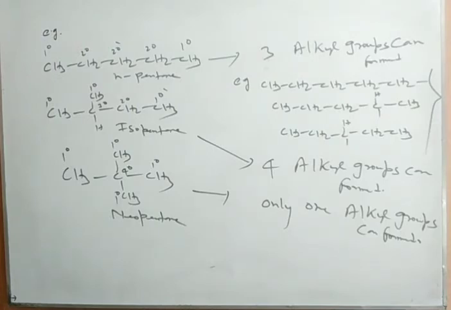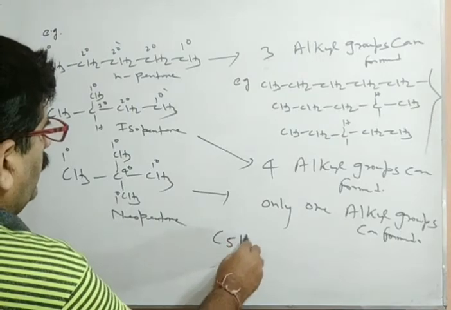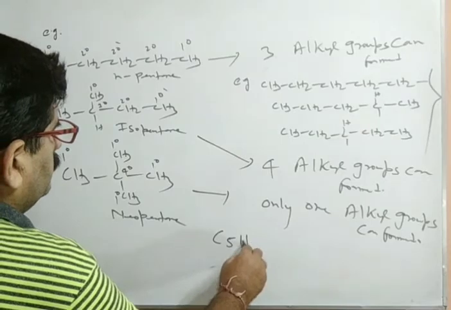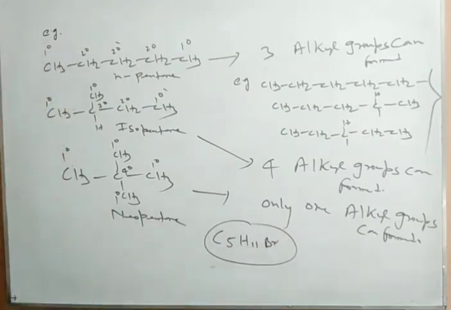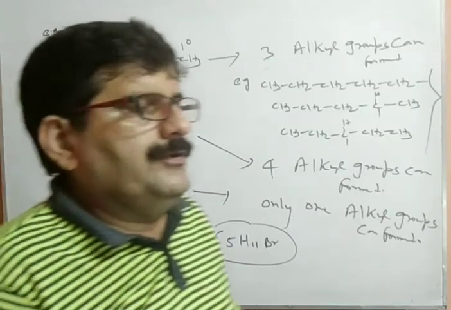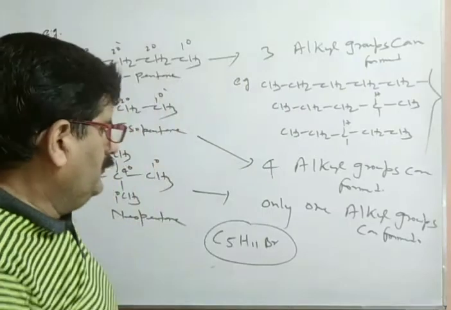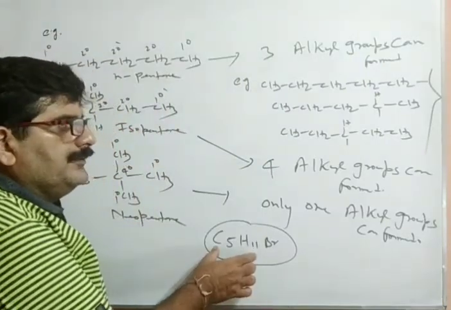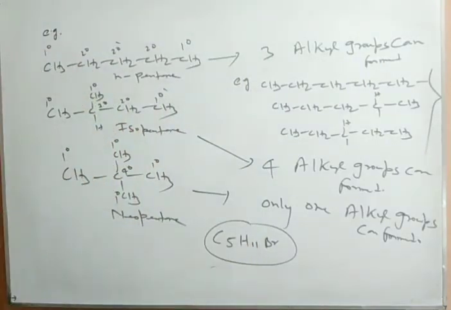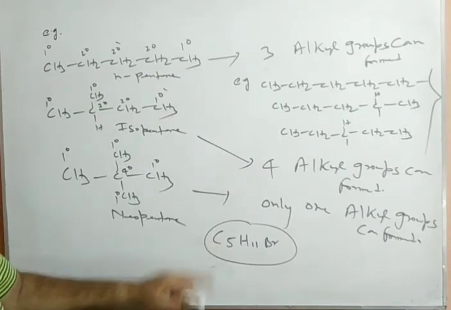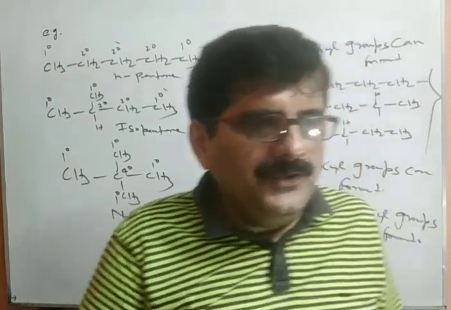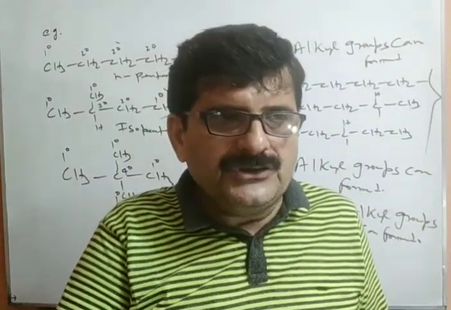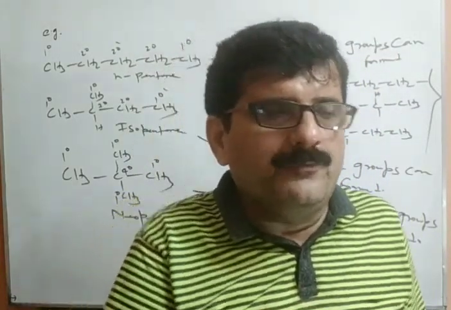So suppose C5H11Br is given, and you have to write down the total number of structural isomers. First you decide which type of alkyl groups are present. If 5 carbon atoms are present, then 3 structural patterns of alkyl groups are possible.